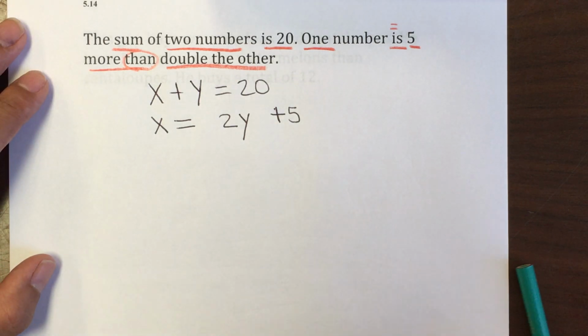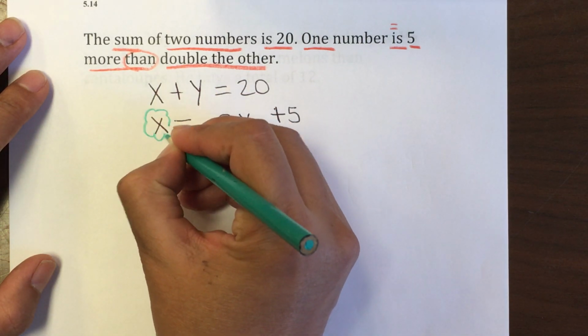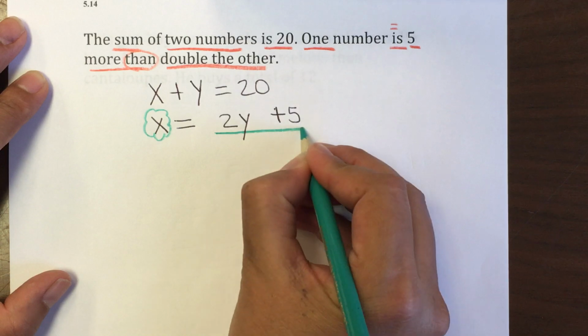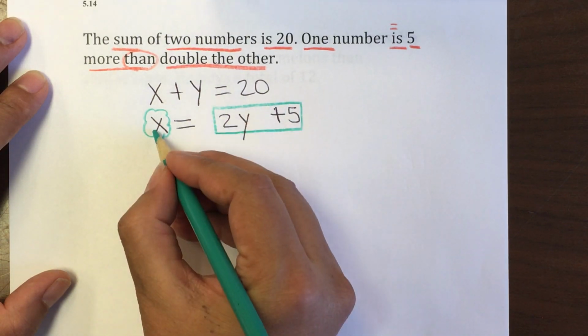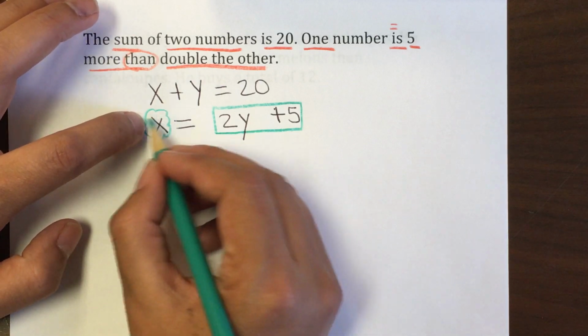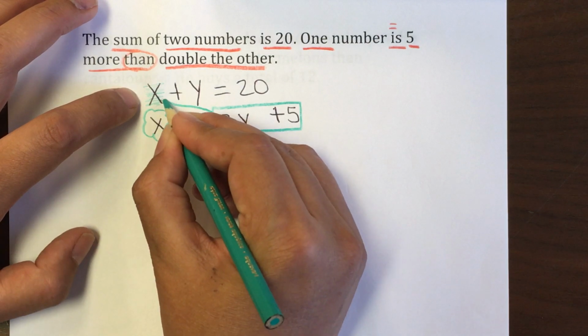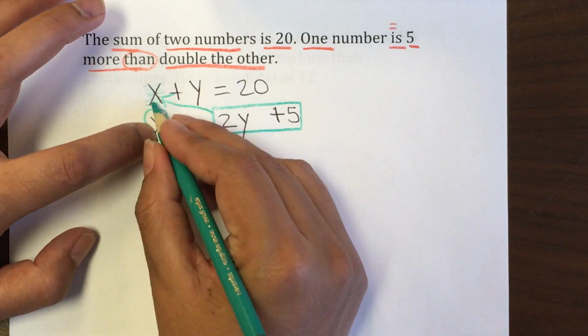Now, once again, we can see that one of our variables in one of the equations is isolated, so we can just replace in the other equation, substitute by removing that x, and in its place, we put the value of x.